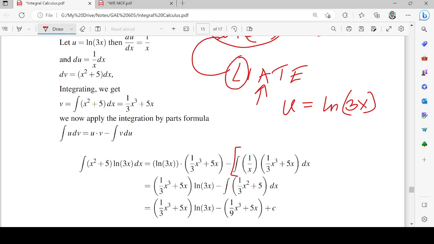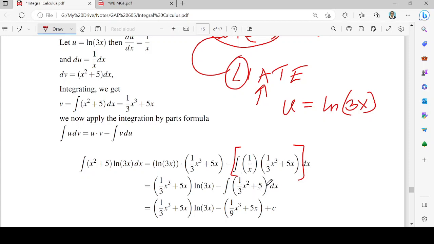We say that this one can be simplified because we can divide each term here by x to get x squared and 5 here. So we have 1 over 3 x cubed plus 5x times logarithm of 3x, that's the first term, minus the integral of 1 over 3 x squared plus 5.